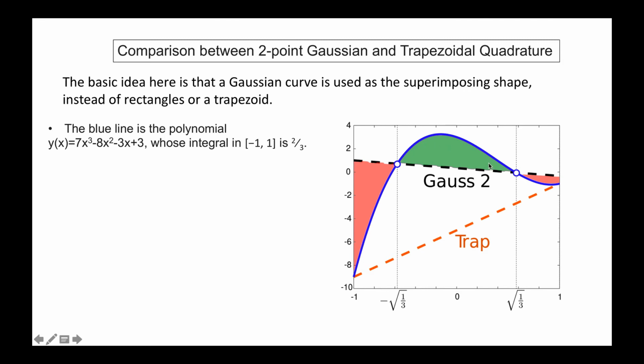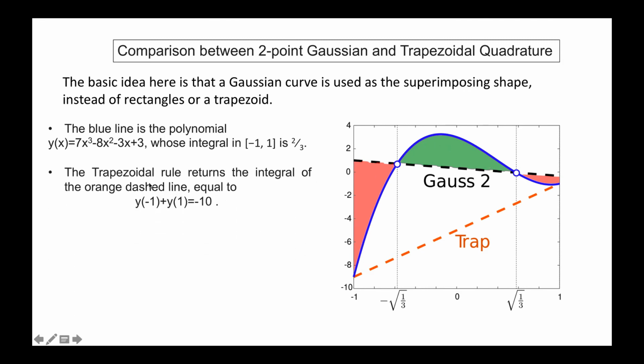So if you evaluate this function y(x) between minus 1 and 1, it gives the definite integral value 2 by 3. The trapezoidal rule returns the integral of the orange dashed line. So the trapezoidal rule considers this kind of straight line between the two extreme points of the interval, minus 1 to 1. So it gives y(minus 1) plus y(1) equal to minus 10, with step size 1.